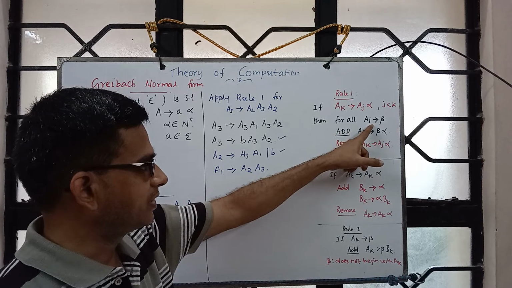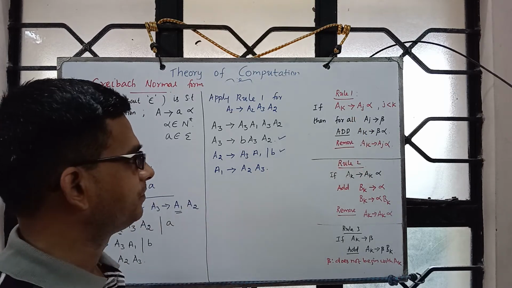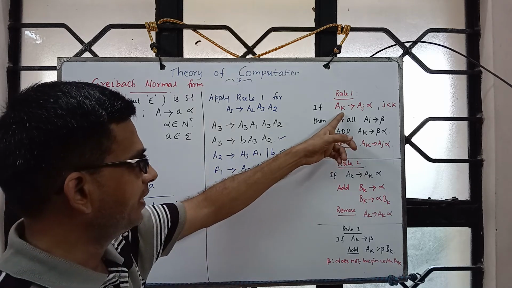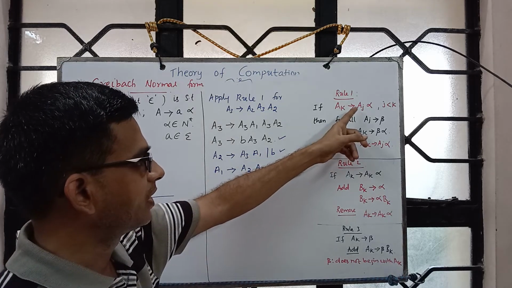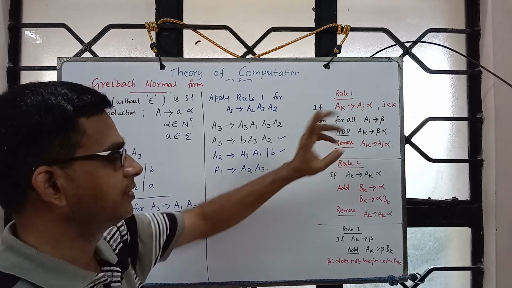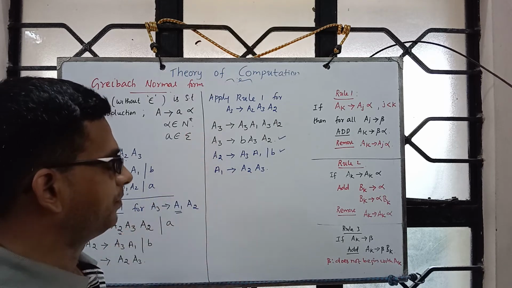Find all those productions of this type and go for replacement. How long do you do it? Until you see AK implies AK prime, where K prime is at least K. And the moment you find that, you stop.